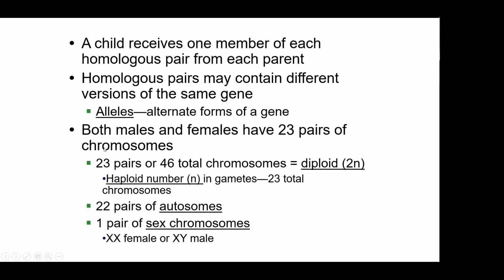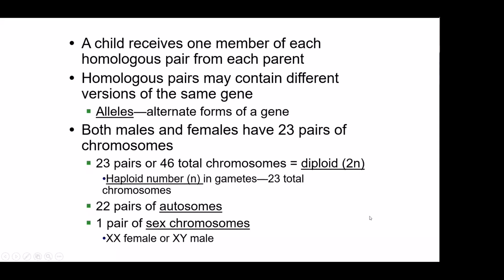Males and females both have 23 pairs of chromosomes, for a total of 46. And these chromosomes are known as diploid. This is 2N. Whereas the haploid number for the gametes in our bodies is in fact 23.